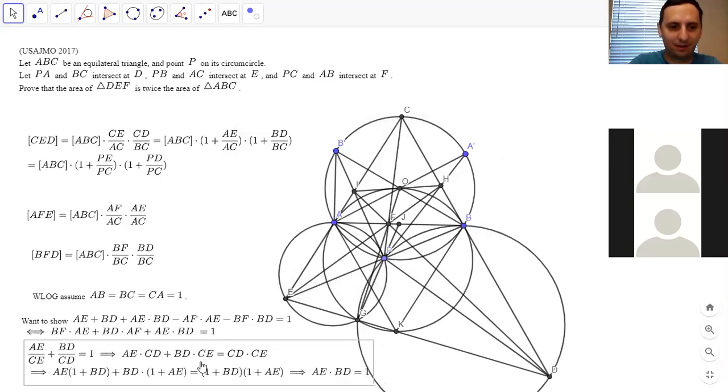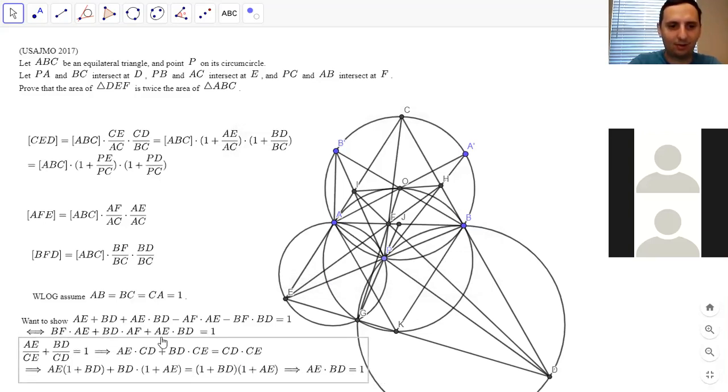So this, wait, that doesn't make sense because this is 1. Something we did wrong. Yeah. So maybe this right here is wrong.